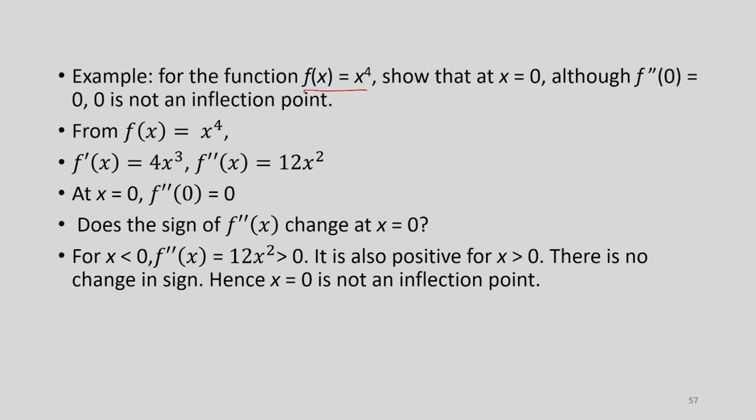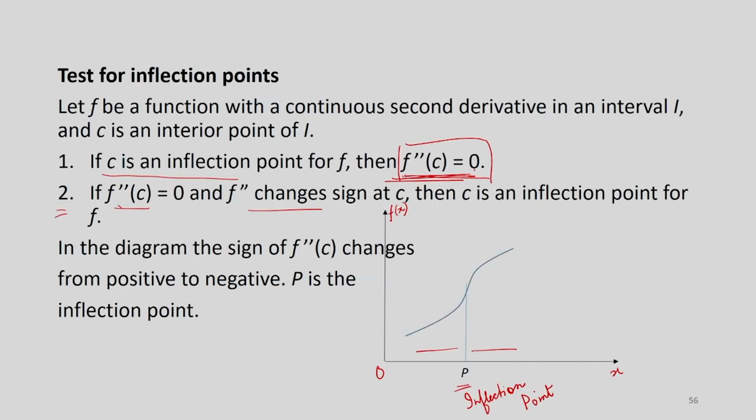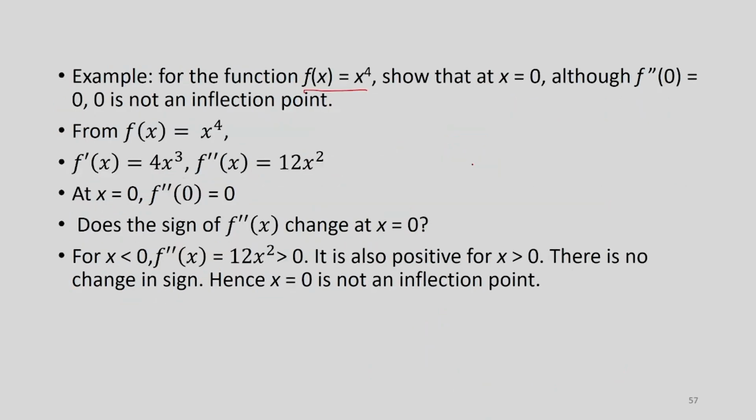This is the necessary condition, f double dashed of C is equal to 0, that is being satisfied at x is equal to 0. But this is a necessary condition, it does not guarantee that at x is equal to 0 you are actually going to get an inflection point. So, this is an example of that. So, let us see if we can show that.